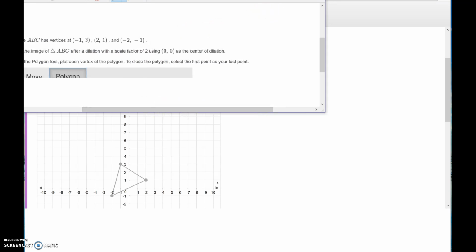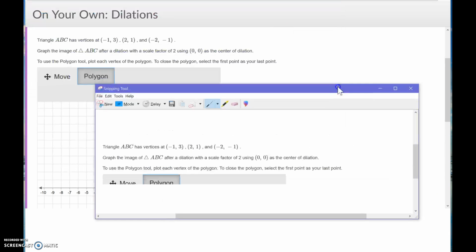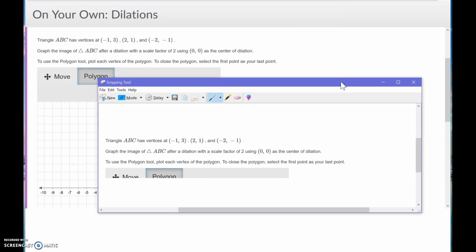So we have to dilate by a scale factor of 2. So we have to multiply everything by 2. Negative 1 times 2 would be negative 2. That's our new x. And then 3 times 2 would be 6. So that's our first coordinate.